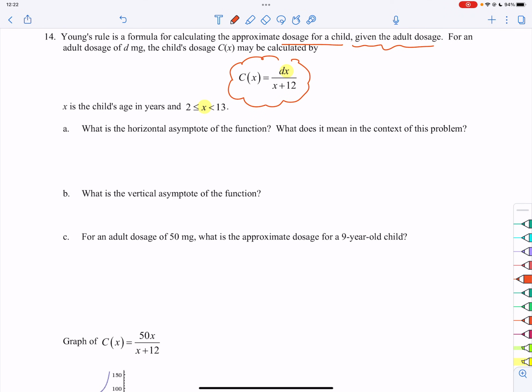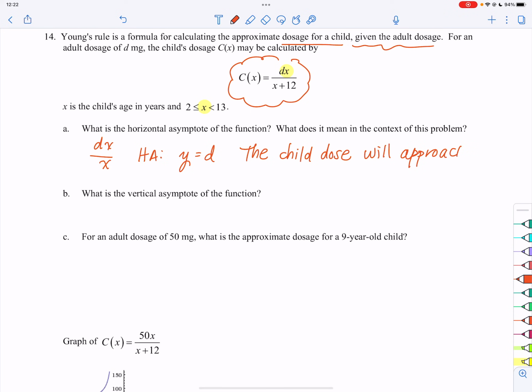So the horizontal asymptote is Dx over x. So the horizontal asymptote is y equal to D. And basically the child dose will approach the adult dose, but never equal it.